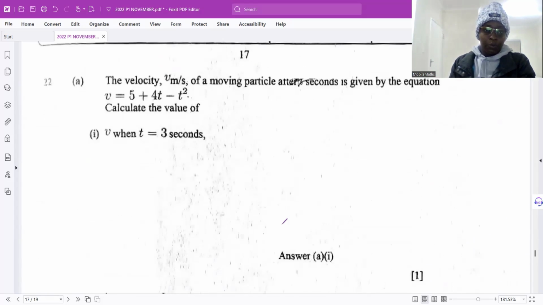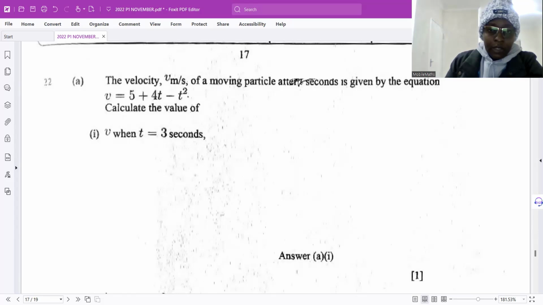Number 22. The velocity, v meters per second, of a moving particle after t seconds is given by the equation. Calculate the value of v when t is equal to 3 seconds. So we are simply substituting. Where we have t, we put 3.